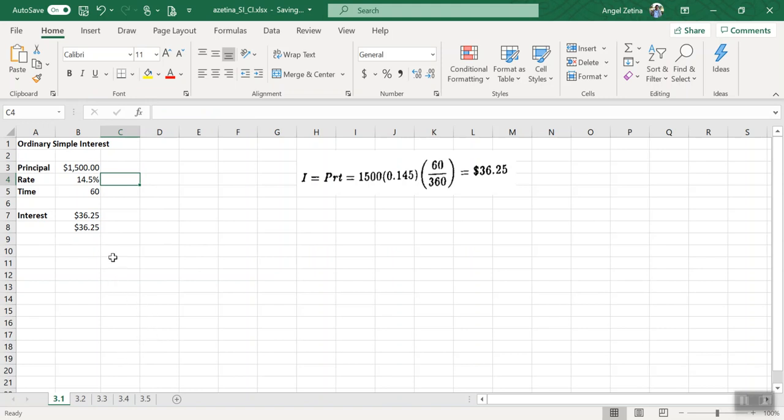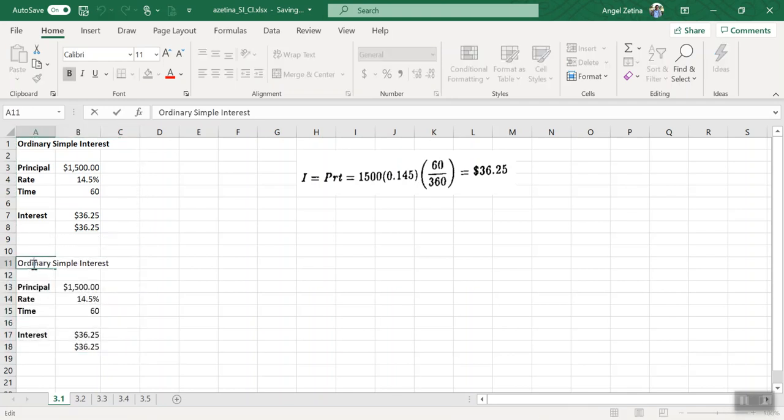Okay, if we're to do this using exact simple interest, it's the same thing that we're going to be doing. So what I'm going to do is copy these cells and just replace the word here exact.